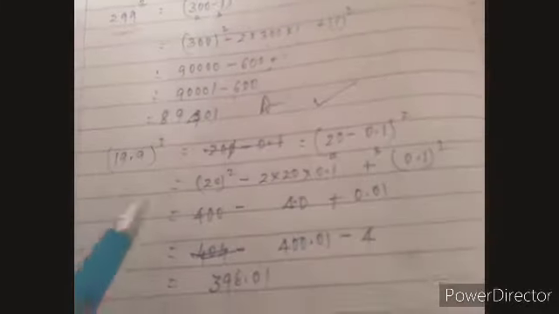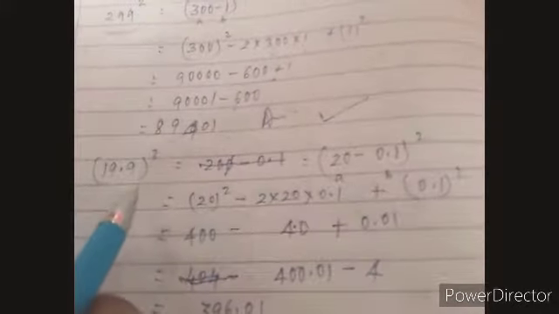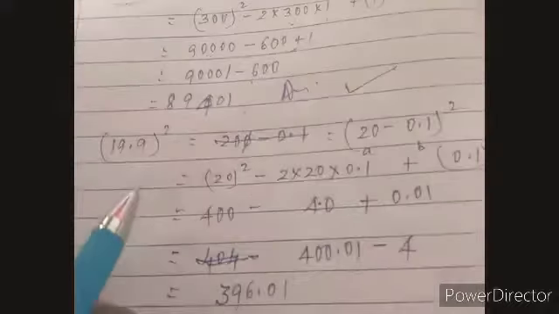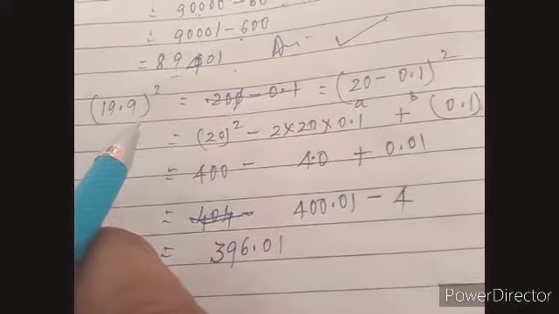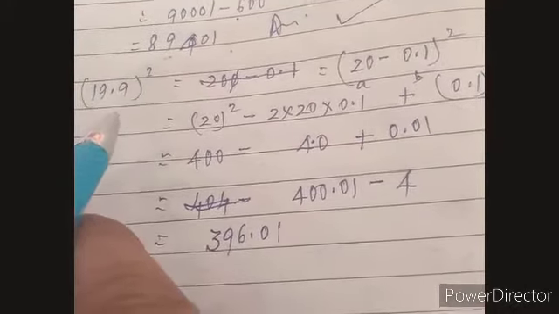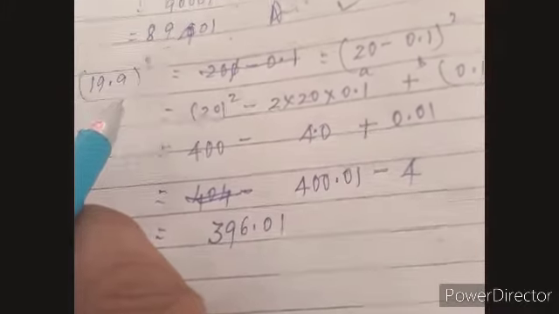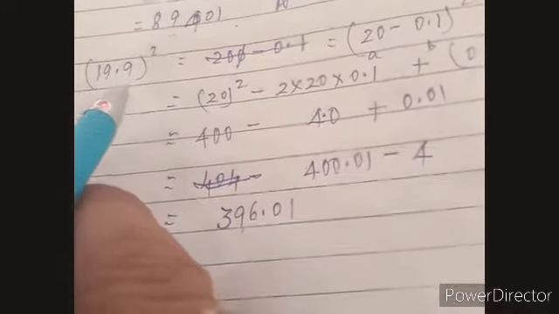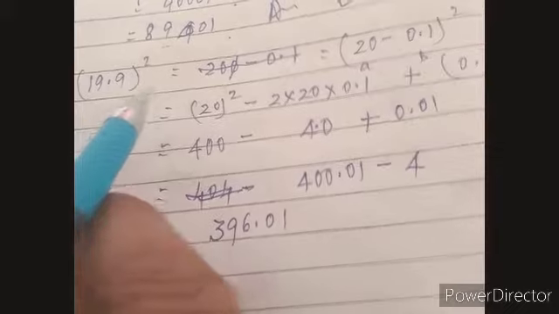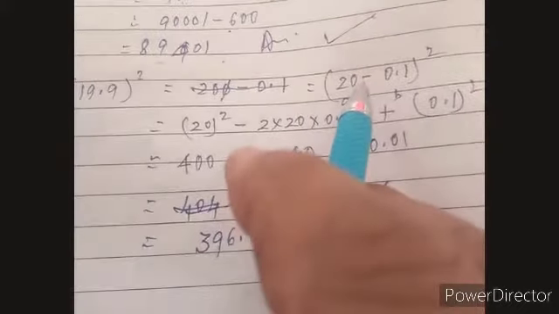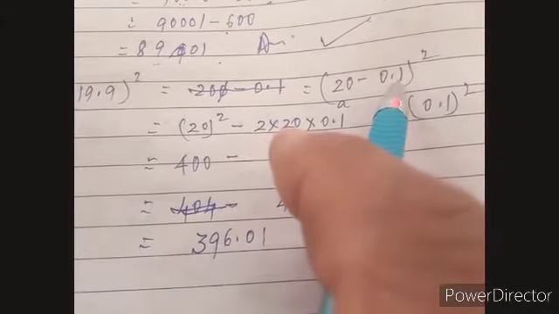Now, one more question for you. 99.9 whole square. Now 19.9 may be written as 20 minus 0.1.